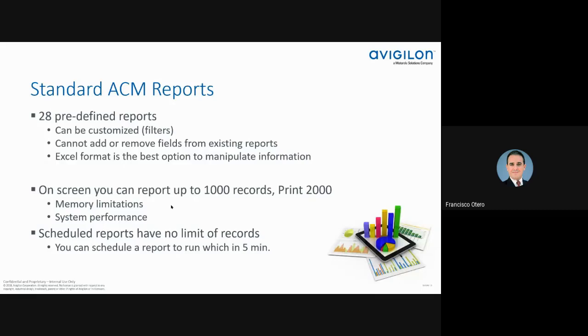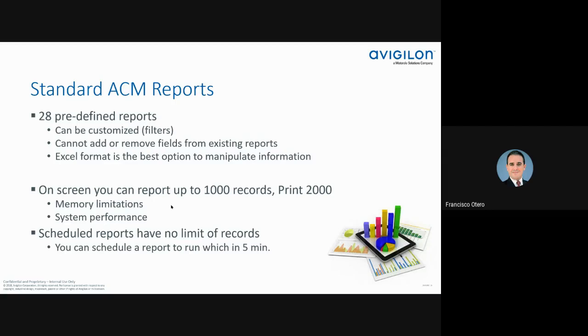Now, this is one of the biggest misconceptions on reports, that people think, oh, I can only do 2,000 records. This is not good for me because I have more than 2,000 events in my report daily, okay? So that's not good for me. No problem. You can actually schedule a report, and there are actually no limits in the amount of records that you can display.